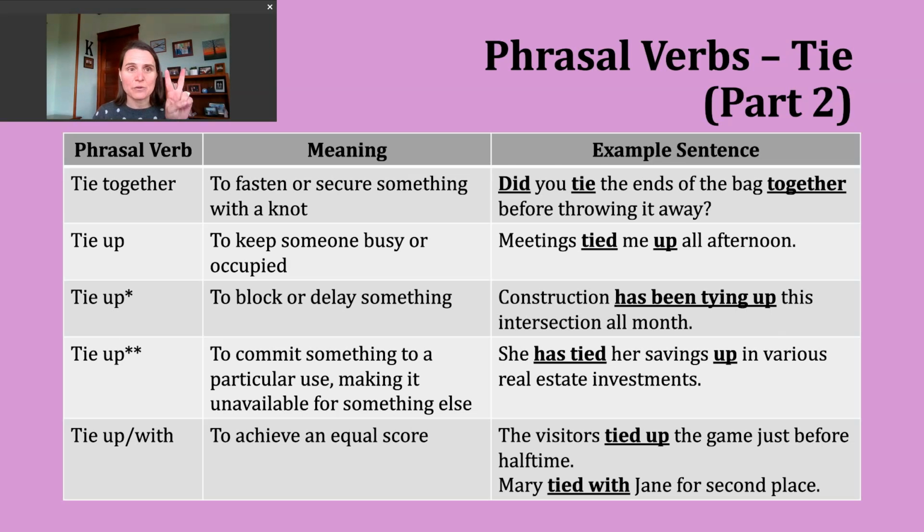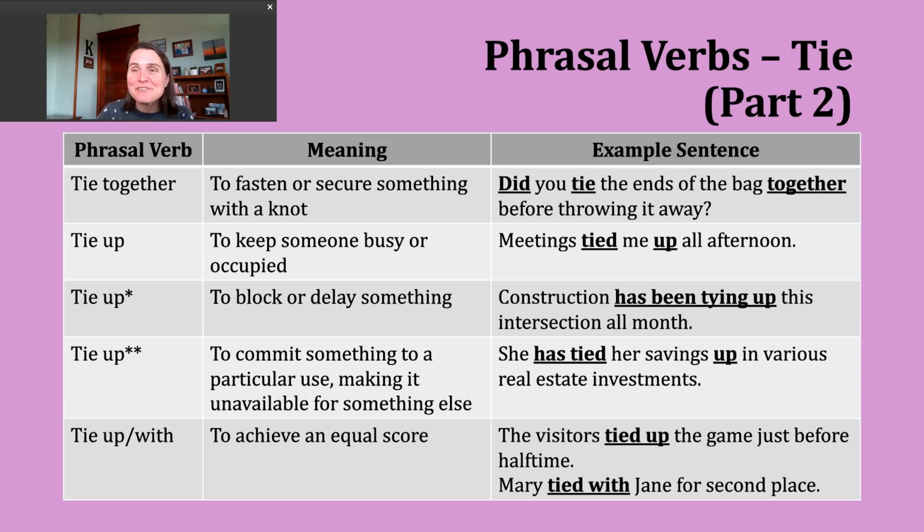So here we know the two people achieved perhaps the same time or the same score in some type of competition. So with tie with, usually you're going to hear the other competitor or competitors or other teams, as it might be.